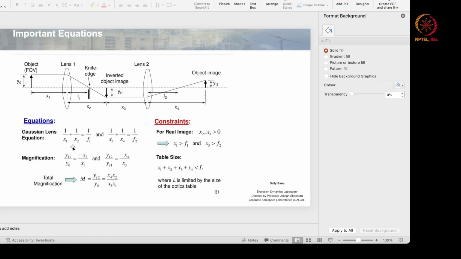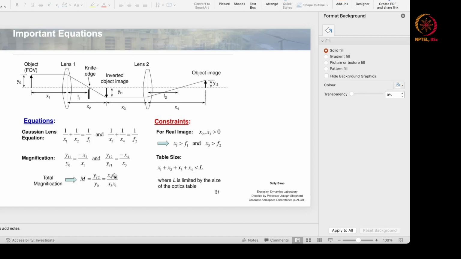Now if you take magnification into consideration, first the magnification here, yL1 divided by y0, is equal to minus x2 divided by x1. Similarly, yL2 divided by yL1 is minus x4 by minus x3.